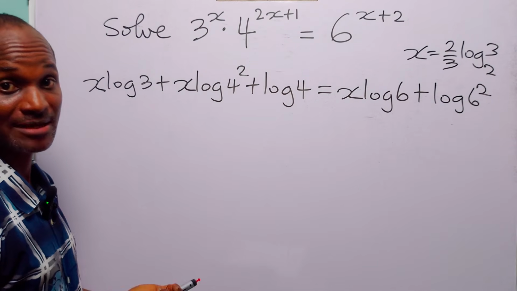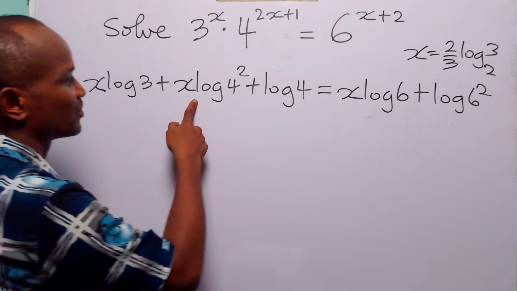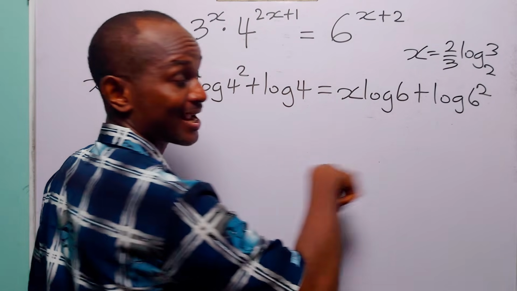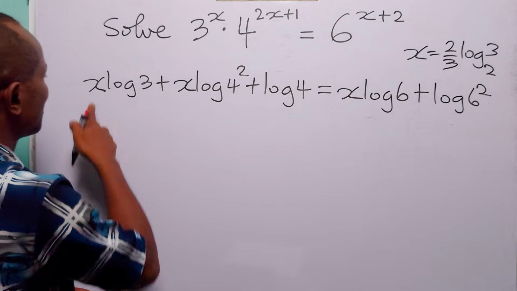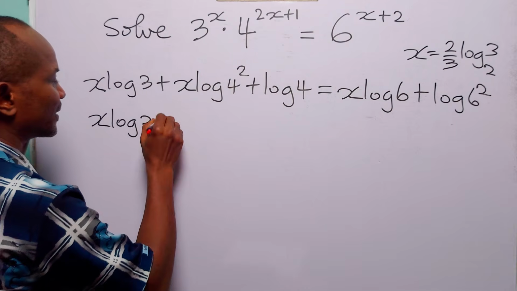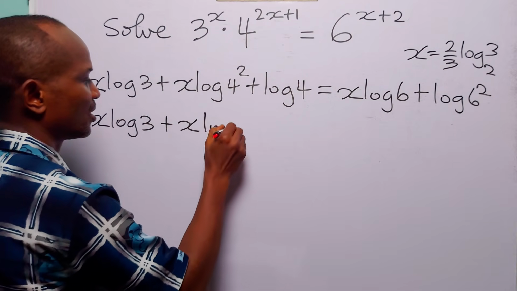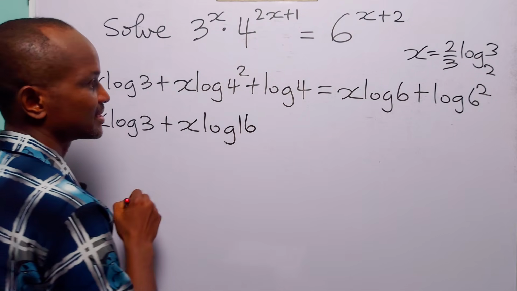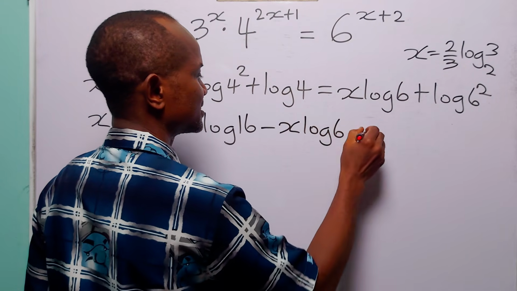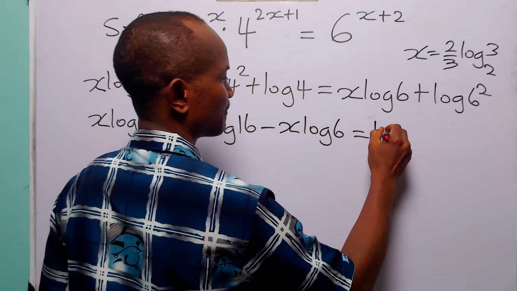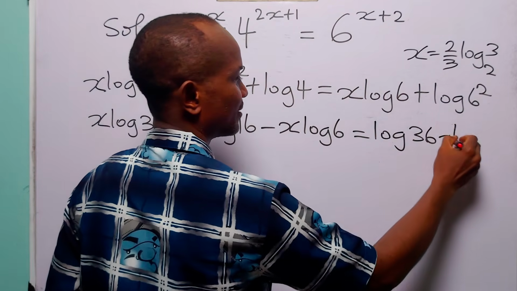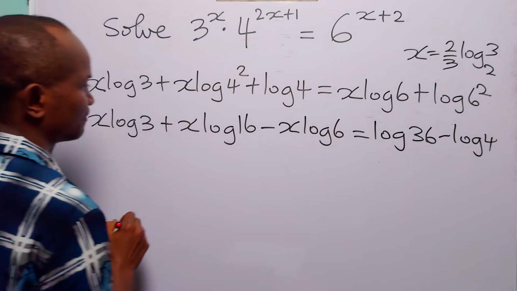And now we collect like terms. We are going to take all the terms with x to one side of the equation and all the terms without x to the opposite side of the equation. When we do that, we have x log 3 plus x log 4 squared, which is 16, then minus x log 6 is equal to log 6 squared, which is 36, minus log 4.